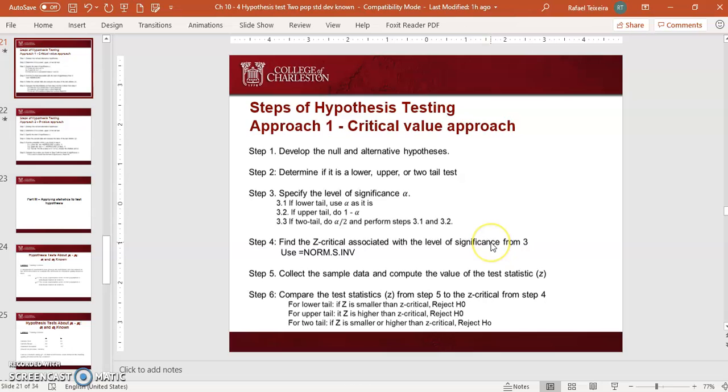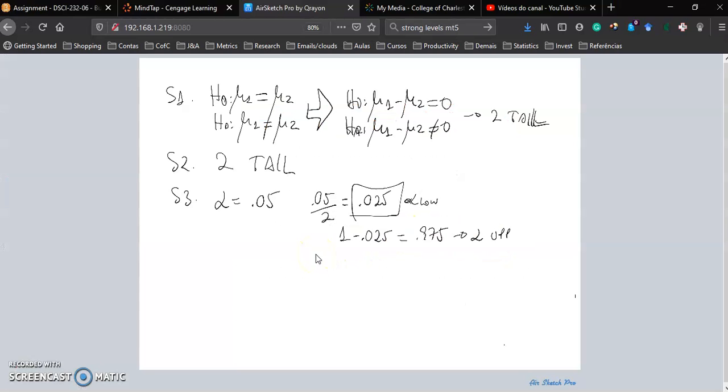Find the z critical. So my z criticals here are step number 4. Z lower is going to be equal to NORM.S.INV of 0.025, and my z upper equals NORM.S.INV of 0.975.